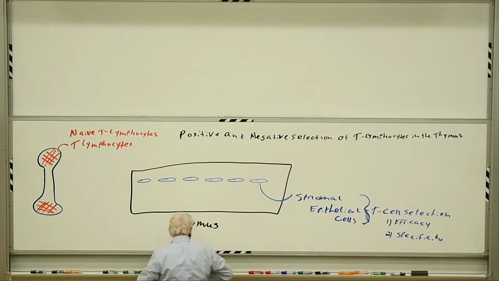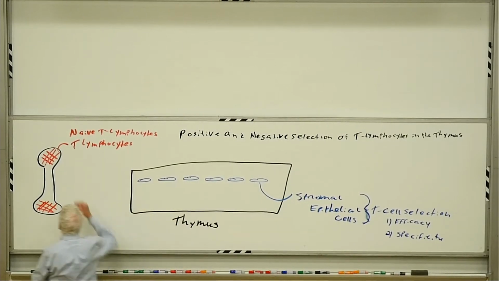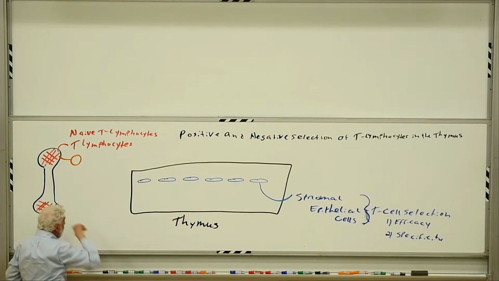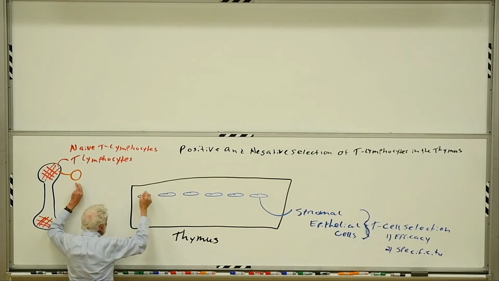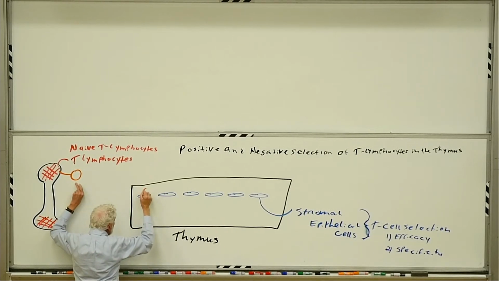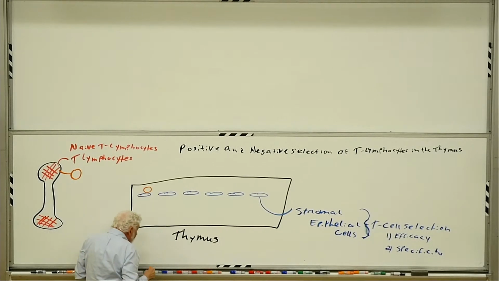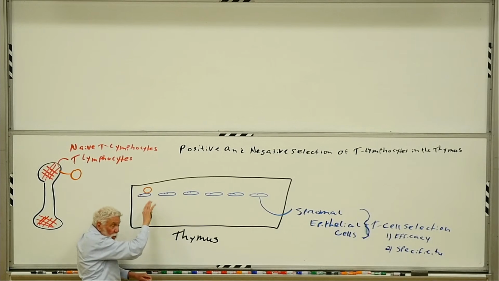So we can imagine one of these naive T lymphocytes coming out of the red bone marrow, finding its way to the epithelial cells in the thymus. Now, if you get deeper into this, you're going to find these stromal epithelial cells are in different regions.